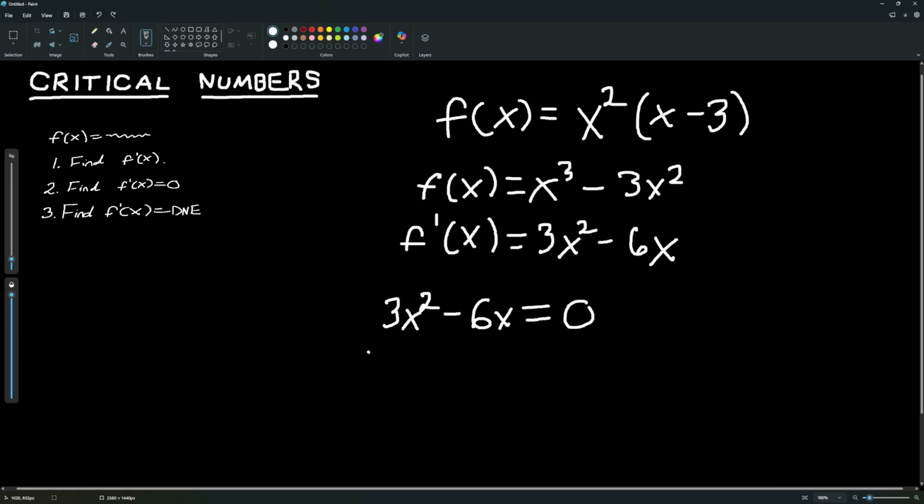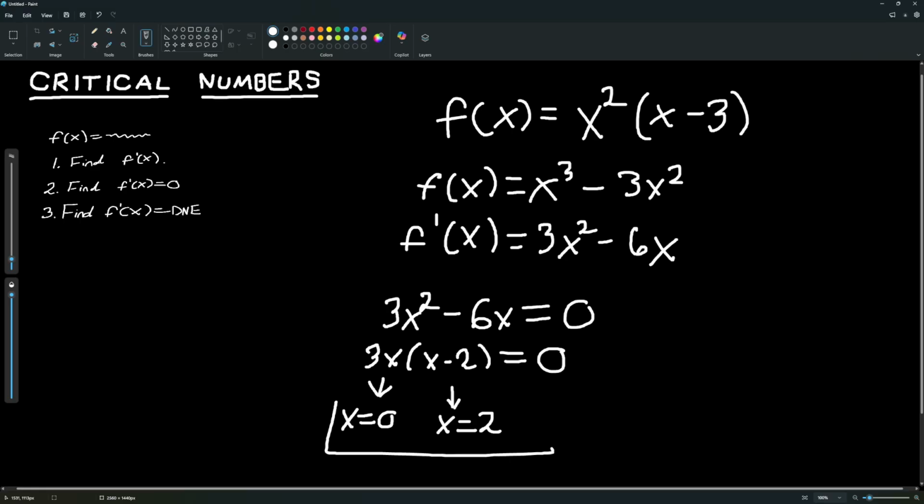We can take a 3x out, so 3x times x minus 2 equals 0. And here we find the values x equals 0 and x equals 2. So these would be our critical numbers.